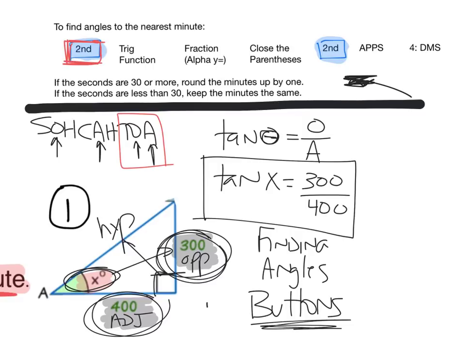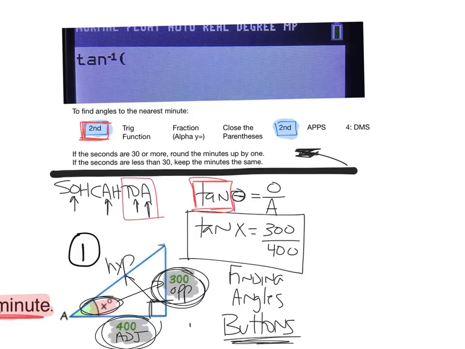So we're going to press second, and since we're using tangent, we're going to press the tangent button. So second and tangent. This is what should appear on your calculator. Anytime you're finding an angle, you want to see this -1, this inverse tangent on your calculator. Then we're going to go alpha y equals and type in our fraction 300 over 400.